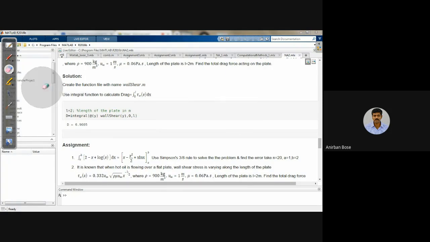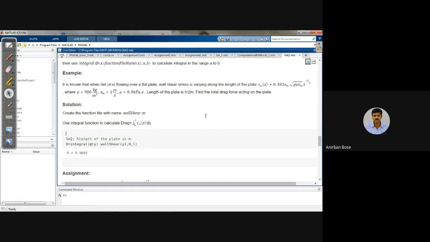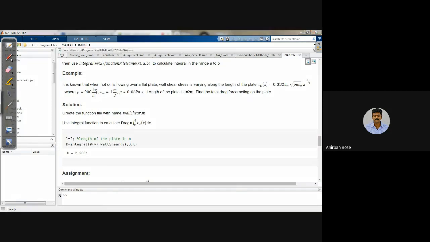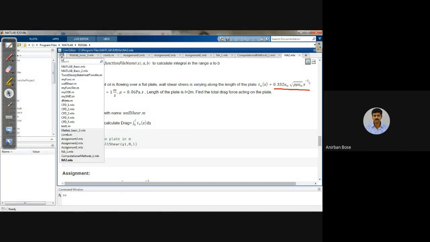Let us see how we have created it. Here you just remember the formula for the wall shear stress at any location: 0.332 u infinity root over rho mu u infinity, x to the power minus half. So we have just created that function file.